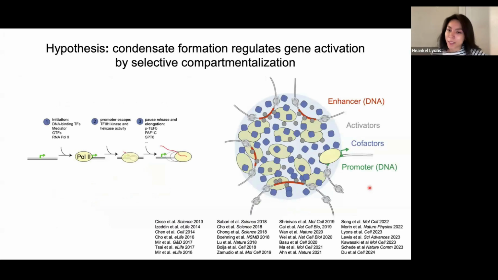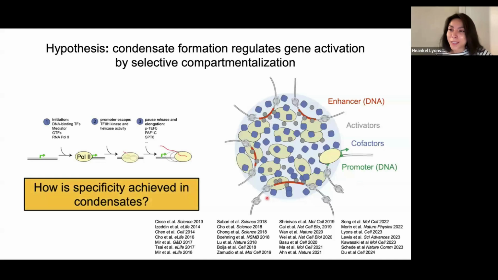But there's also been a lot of skepticism because unlike the traditional model of transcription, where we understand the steps and the proteins and how they interact in very specific ways to activate genes, we don't have that level of molecular rules to explain specificity in condensates. So that's been the central question of my thesis and in the Sabari lab. How is specificity achieved in condensates?